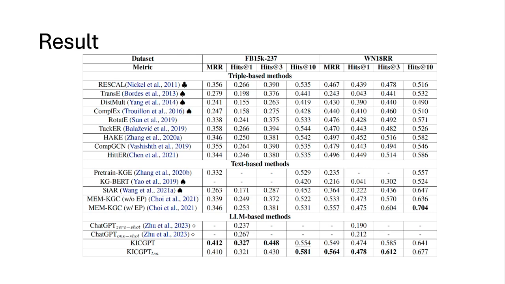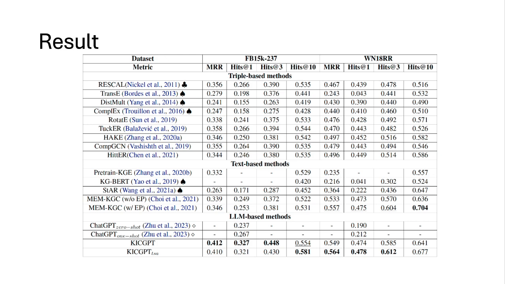In this research, they compared their method with triple-based methods, text-based methods, and LLM-based methods. Triple-based methods, for example TransE and DistMult, basically use the structured format of the information. Text-based methods incorporate the description of the knowledge, and in the LLM-based methods, they used zero-shot and one-shot models.